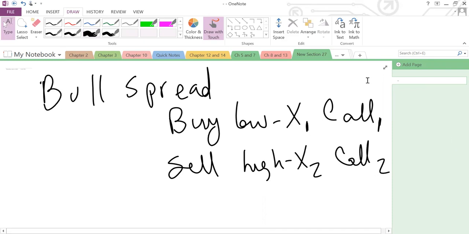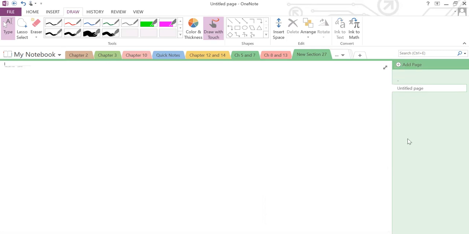So when we do this, what are our profits, right? So I'm going to just quickly add a page here. And if we want to calculate the profits of bull spread, then just keep in mind when you buy the call option 1, which is the call option with the low strike, you have to pay this premium, which we're going to call C1.